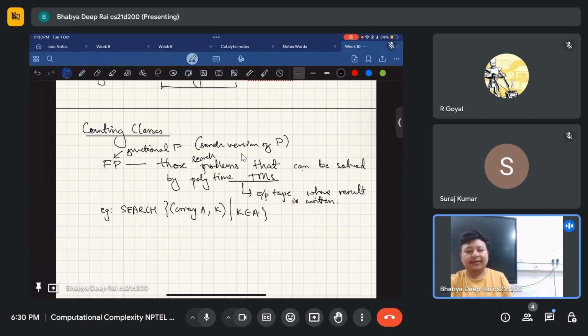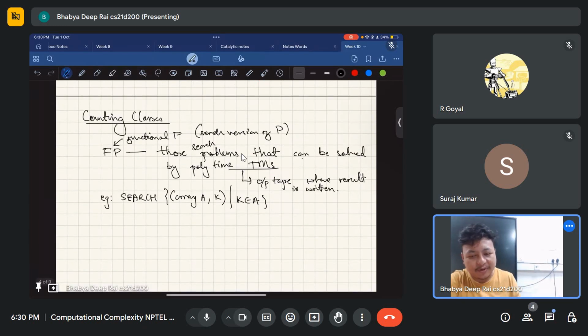This is a classic problem that we do in programming, using binary search, linear search, whatever. This is the decision problem. So this is in P. Linear search is in P, right?